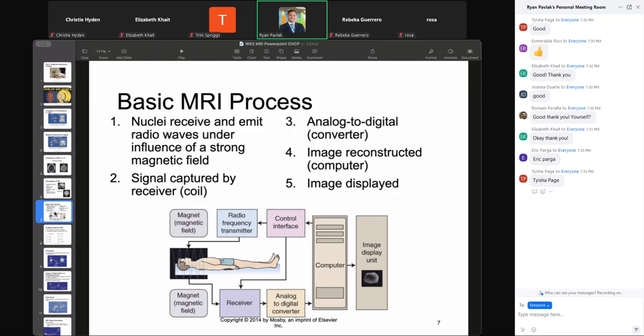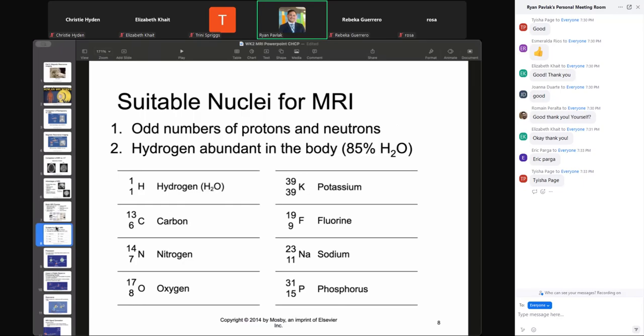The data is going to be sent to an analog to digital converter, and then the image is going to be reconstructed on the computer and you see it. We talk about hydrogen, right? Hydrogen is the nuclei that we typically use most in MRI.